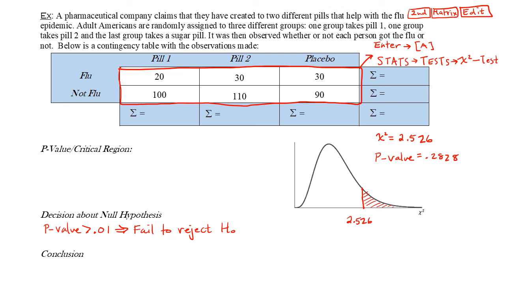So what is the conclusion that we can draw? Because we're failing to reject the null hypothesis, we can't say that the variables are dependent. So we'll say that there's not enough evidence to support the claim that the choice of pill is dependent with the frequency of getting the flu.